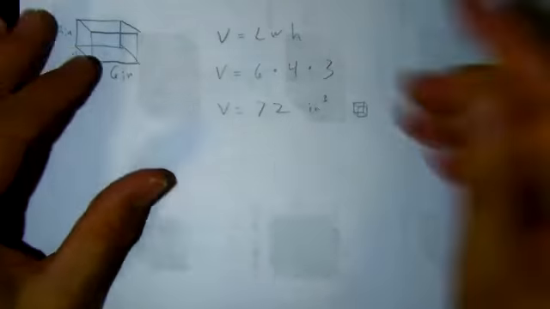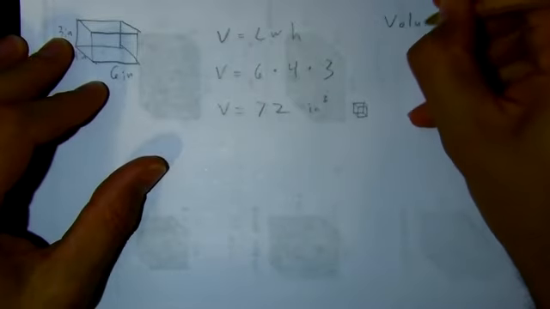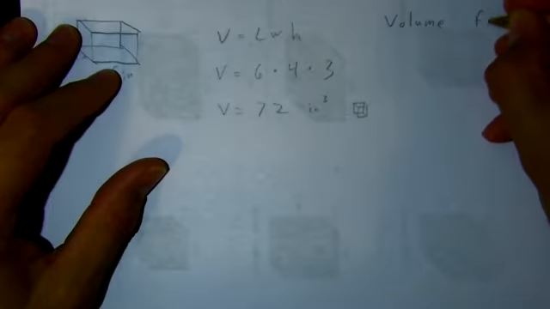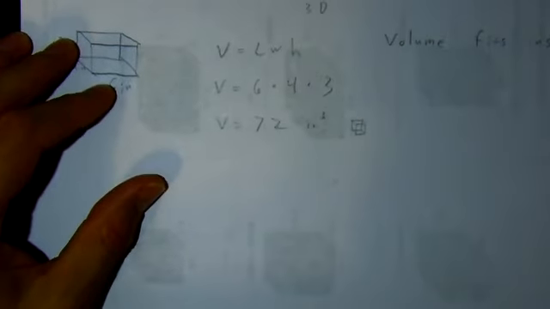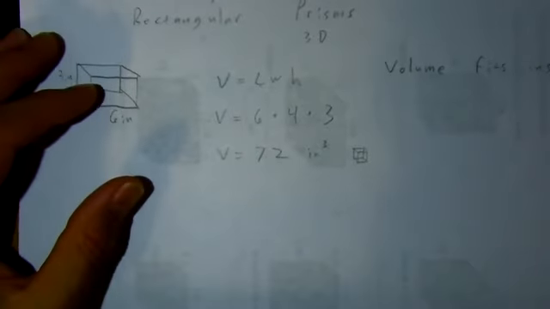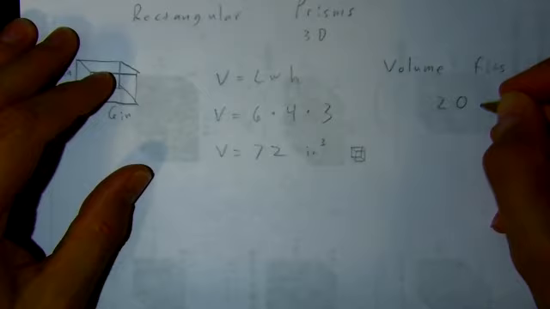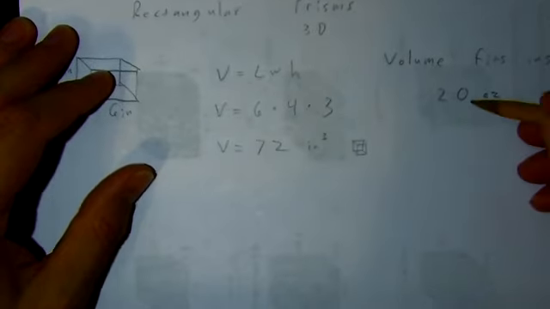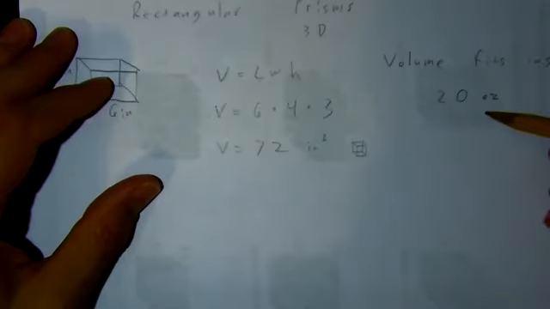And that's another discussion I forgot about. So what is volume? Volume is what fits inside. So you've heard of the volume of drinks. So we usually call plastic bottles 20 ounces. So when you say 20 ounce, what you're saying is the volume that fits inside of that bottle.